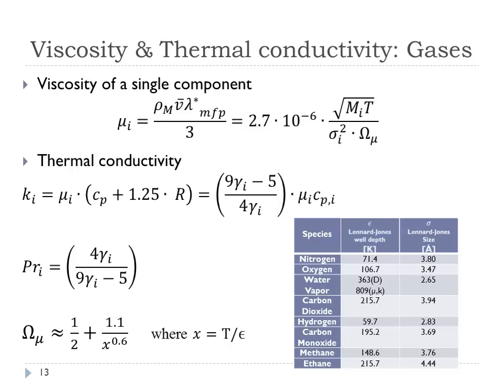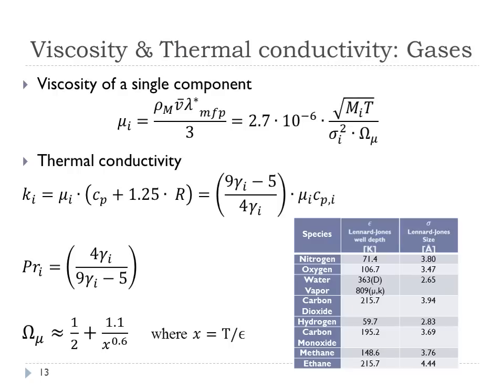Okay, so when you have those, the well depth epsilon that goes into the sigma sub mu, and the Lennard-Jones size which goes into the collision cross section, you can now calculate the viscosity of a gas.